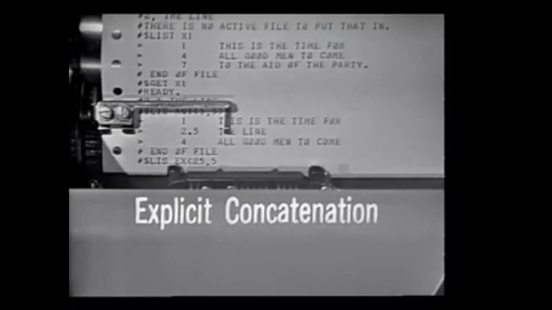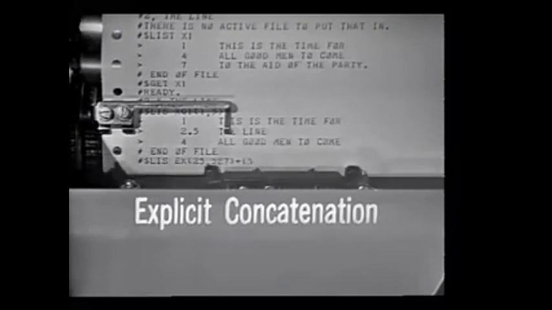Well, that's too long. Let's cancel that out. 27. Now, with a plus sign, I explicitly append to the end of those lines, or concatenate to them, some additional lines. Let's say lines 53 and 54. Notice that if it's the same file again, I don't need the name EX again.